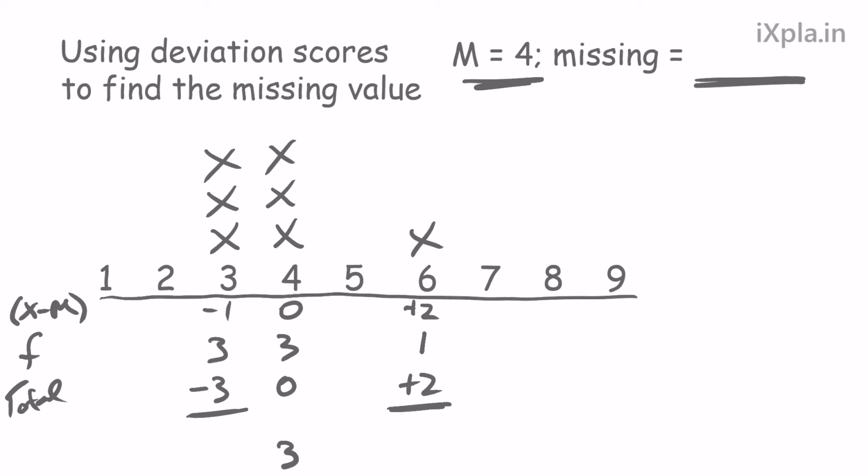What score has a deviation score of plus 1? Well, 5 does. We have one of them, plus 1, and so now we have a plus 3 on this side and a negative 3 on that side, and they balance out. So the missing score has to be a 5.